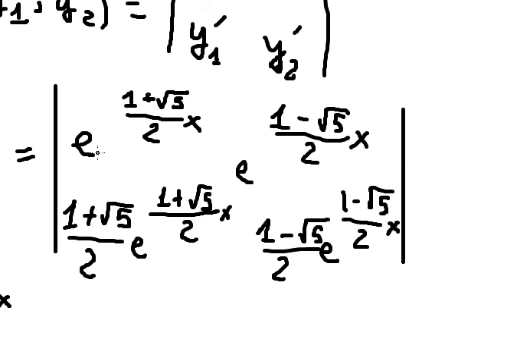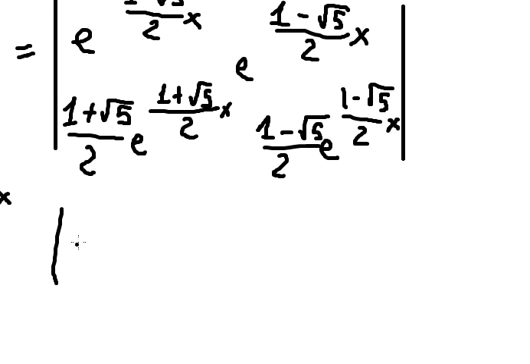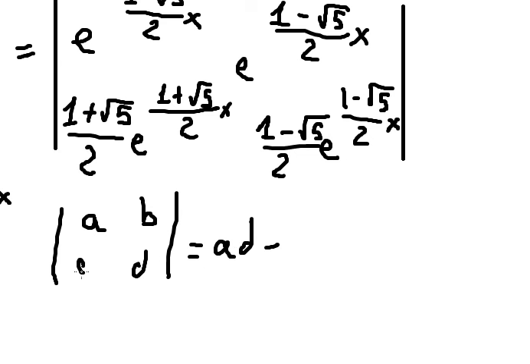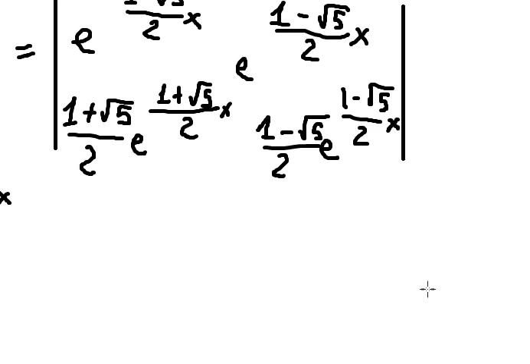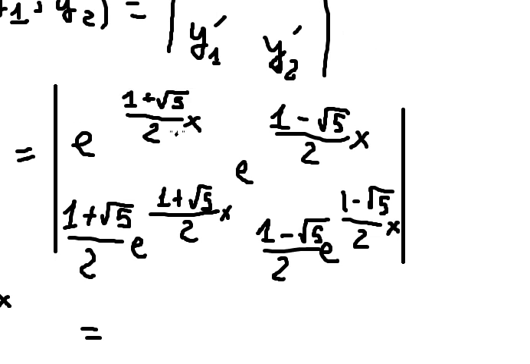So to determine this matrix, we have the formula in here: A multiplied by D minus C multiplied by B. So we can apply this in here, and then we got like this. So this one multiplied by this one.